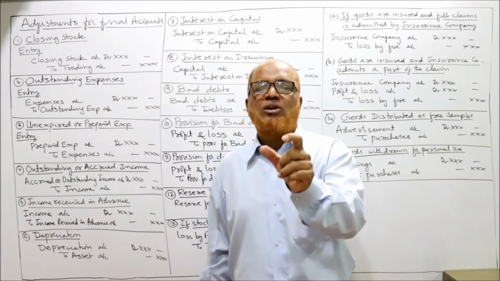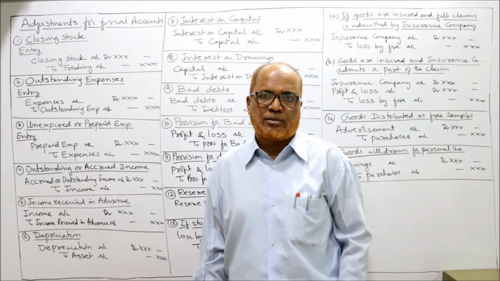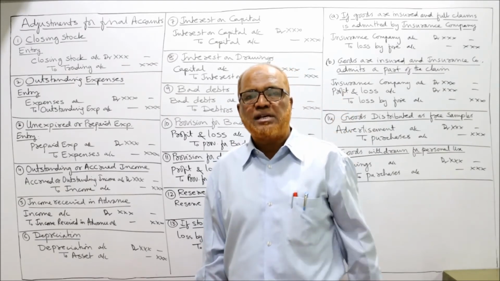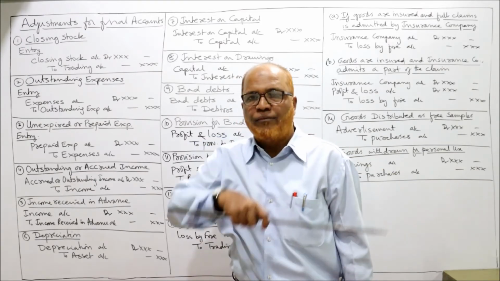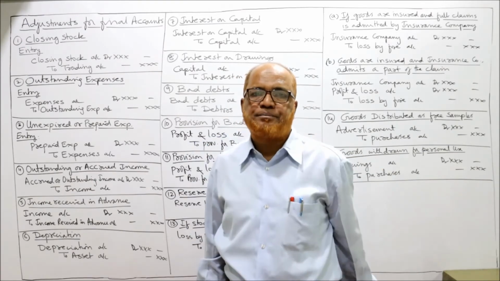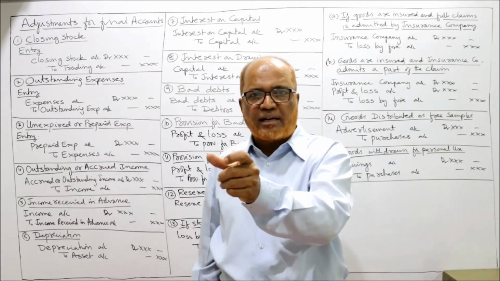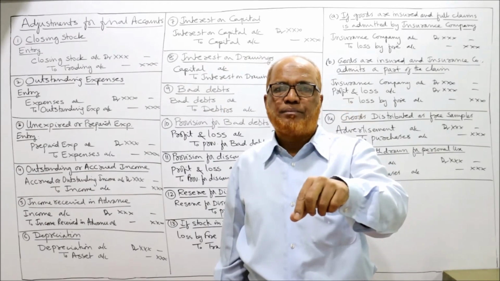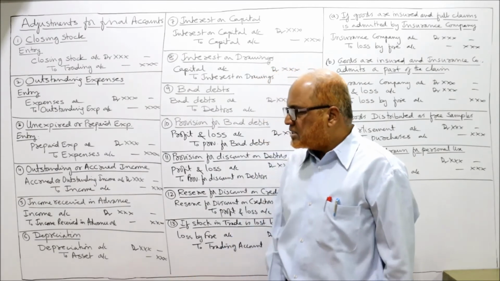The depreciation will be shown on the debit side of the P&L account. On the profit and loss account debit side we take depreciation, and this depreciation will be deducted from the concerned asset on the asset side of the balance sheet. On the balance sheet asset side, plant and machinery minus depreciation. This is the depreciation.